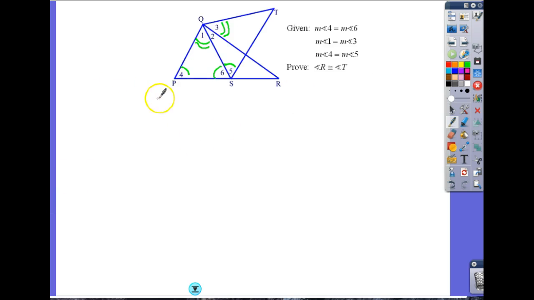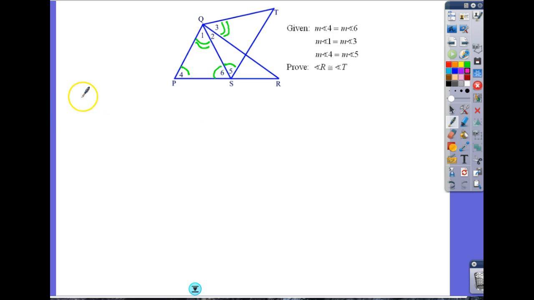Okay, so the first thing we should notice is that we only know angles. And knowing that all the angles are congruent isn't enough to say that the triangles are congruent.